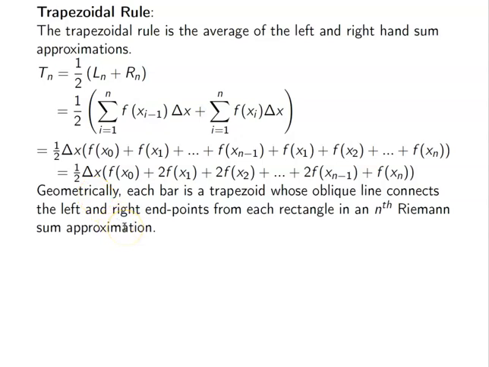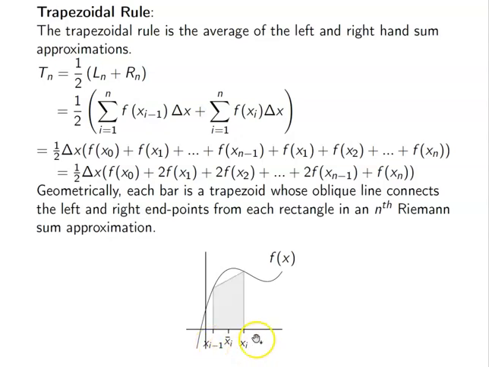So let's look at what this looks like geometrically. If we were to draw our curve and look at the left and right endpoints, the trapezoid is basically the line that connects those endpoints. Let's say this is, for some bar, its left endpoint, and this is its right endpoint. This would be x bar i, that midpoint value that we would use for the midpoint rule.